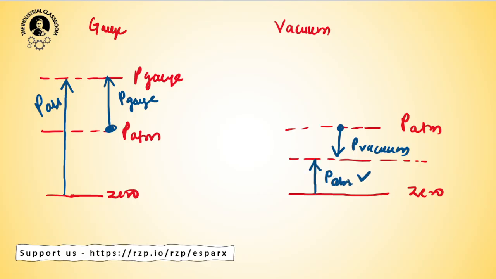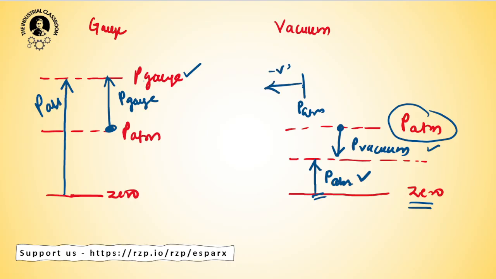So absolute pressure will always be positive, remember it, because it is taken from the zero pressure line. Gauge pressure is positive, but vacuum pressure will be negative, since it is referred from this. What is the zero for this gauge pressure? This is the atmospheric pressure. So anything below this point will go negative, so the vacuum pressure will be negative, and above this point the gauge pressure will be positive.